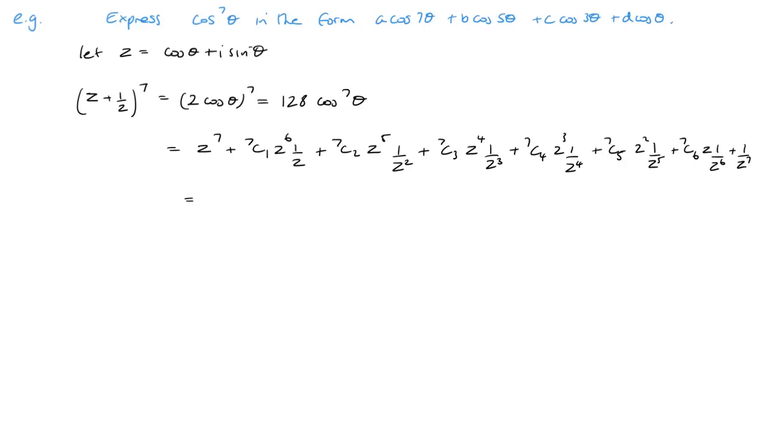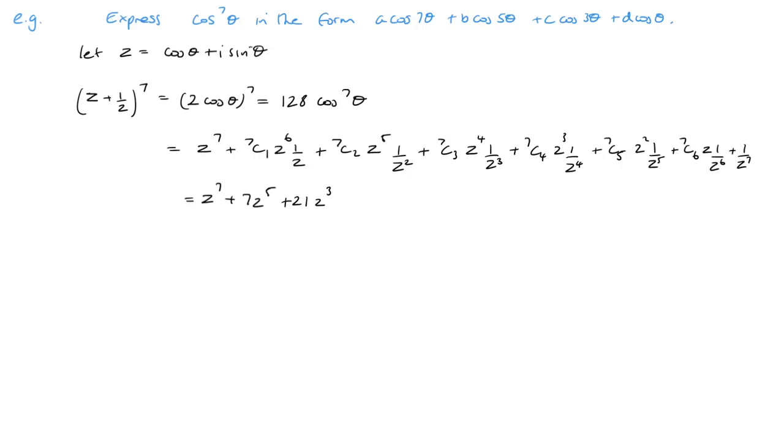So what I've got here is 7c1 is 7. So we've got z to the power 7 plus 7, and z to the power 6 multiplied by 1 over z is z to the power 5. Now 7c2 is 21, and z to the power 5 multiplied by 1 over z squared is z to the power 3.